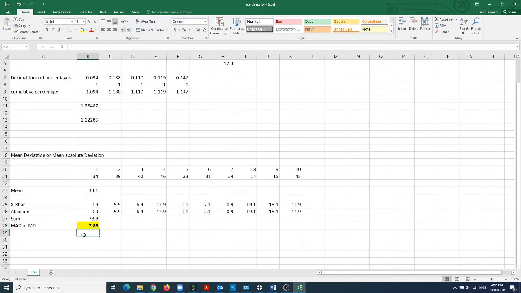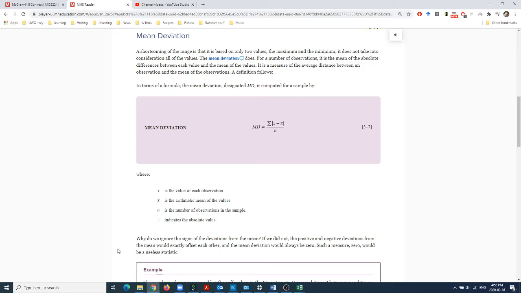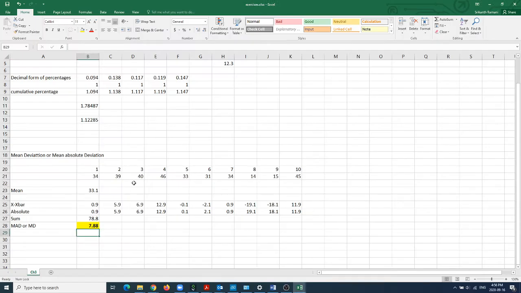So it tells you the average value: if you take a random observation at any point in time, it is 7.88 away from the mean.